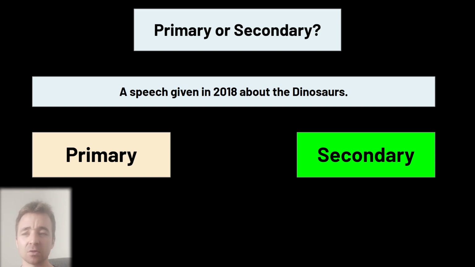So this is information that is not from the time period being studied. If it were fossils from a dinosaur, that would be a primary source. But because it is written information telling us about dinosaurs, or a speech telling us about dinosaurs, it is a secondary source. Let's do the next one.